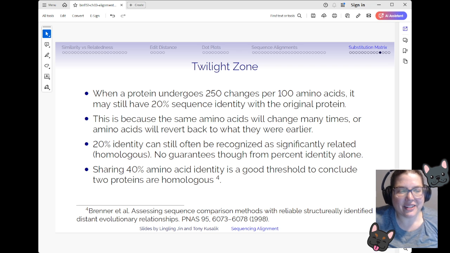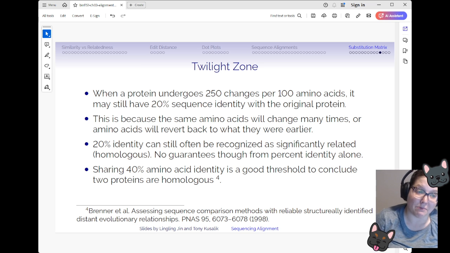When a protein undergoes 250 changes per 100 amino acids, it may still have about 20% sequence identity with the original protein. This is because the same amino acids will change many times, or amino acids will revert back to what they were earlier. The 20% identity can still often be recognized as significantly related or homologous, but there are no guarantees from percent identity alone.